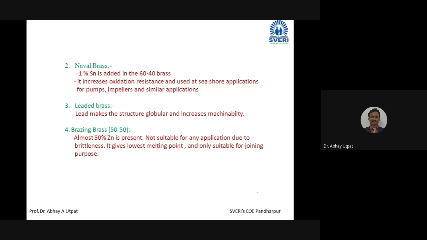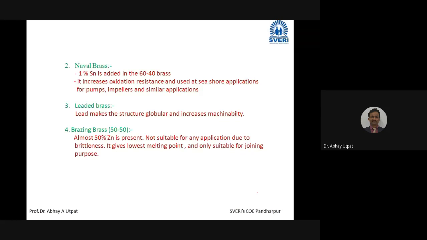Differentiate clearly between, two more questions. First question, differentiate clearly between brass and bronze. You can see in your notes, and you have to prepare the points of difference. And the second question may be, differentiate clearly between alpha brass and alpha beta brass. So you have to explain all these points which I have explained to you now.